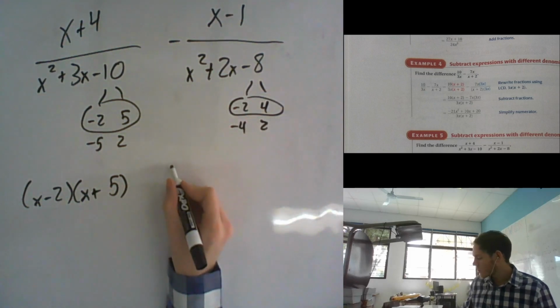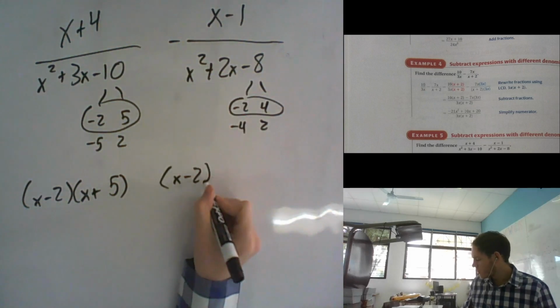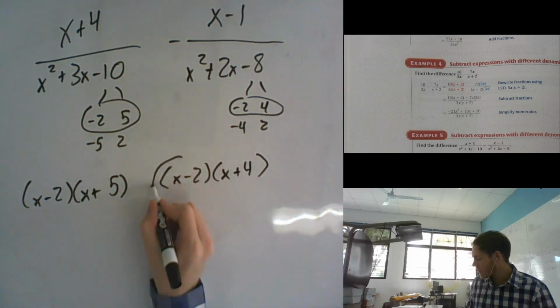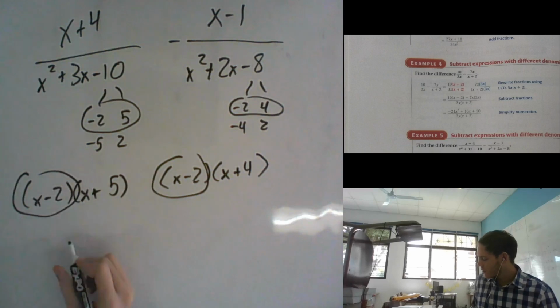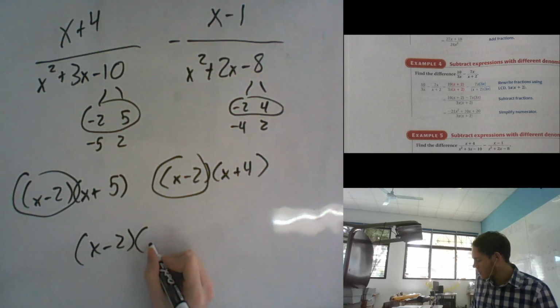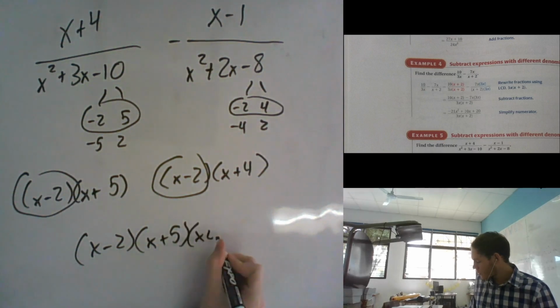First thing works, so you get x minus 2, x plus 4. So what's shared is this thing right here. So what they both go into is x minus 2, x plus 5, x plus 4.